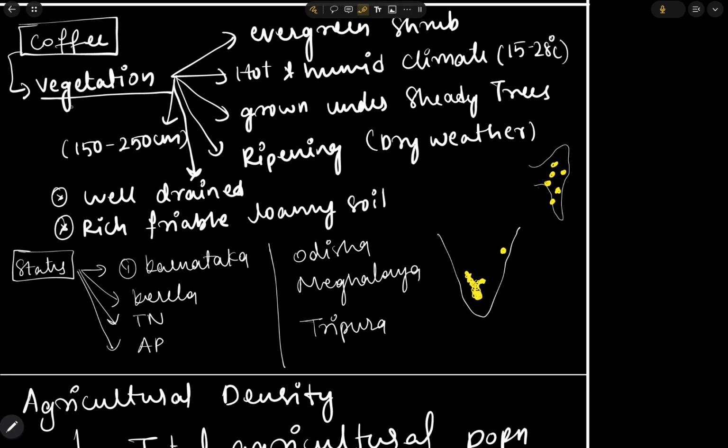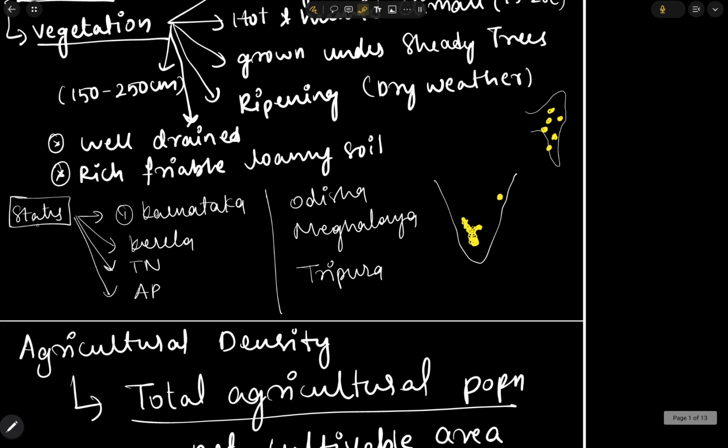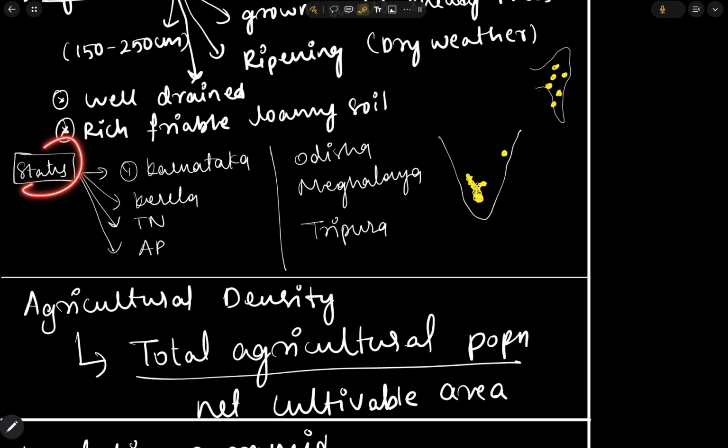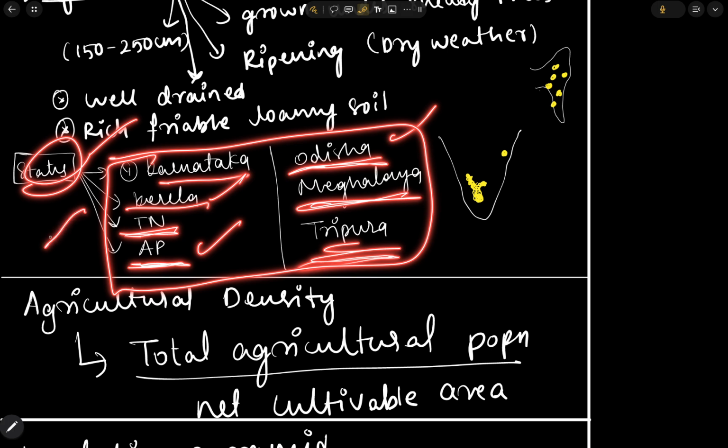And it grows in rich loamy soil. Loamy soil is a little bit porous. It is grown in the states of Karnataka, Kerala, Tamil Nadu, AP, Odisha, Meghalaya, and Tripura. Okay, these are the states where coffee is planted.